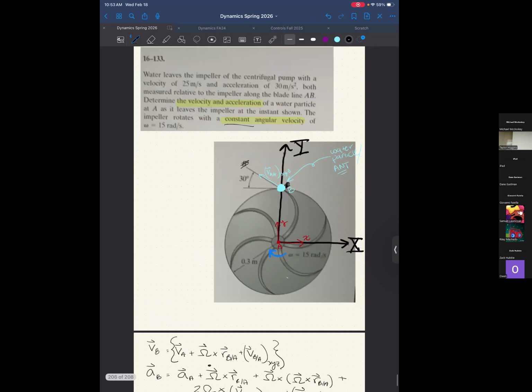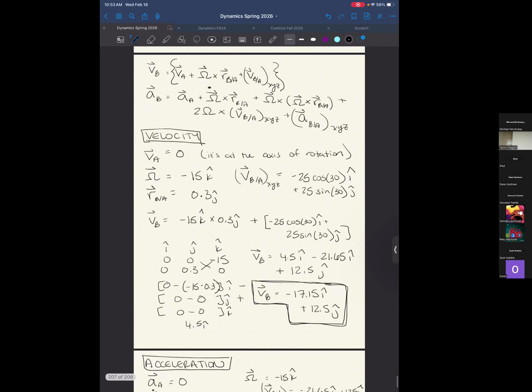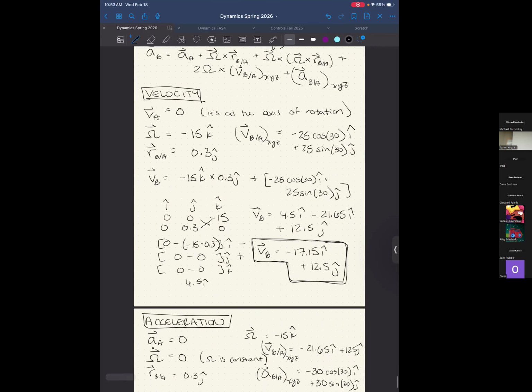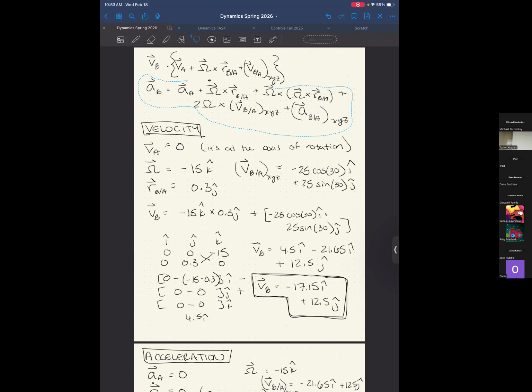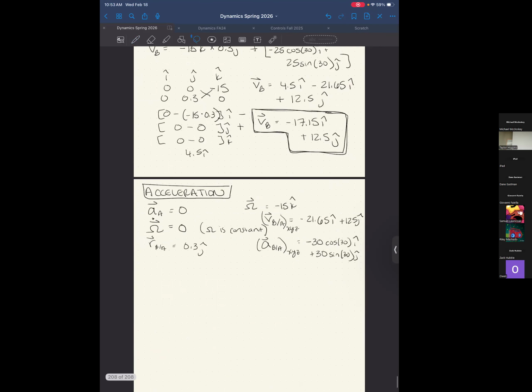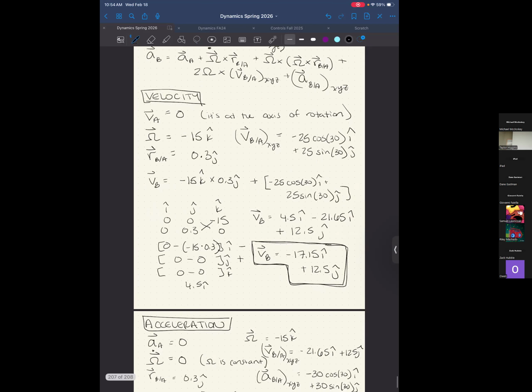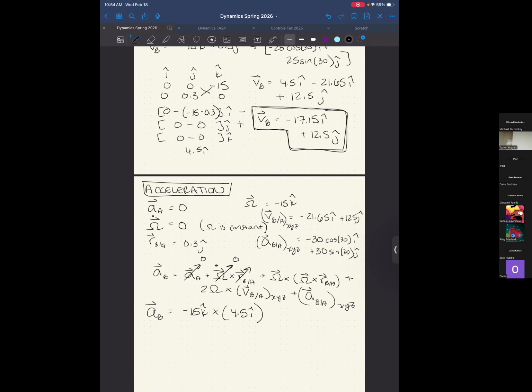Was just thinking, fix that X with this first person. Minus 15 K cross, what did I get for omega cross R? I think it was 4.5 I. Gross.